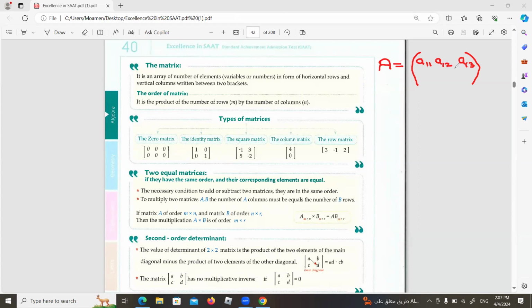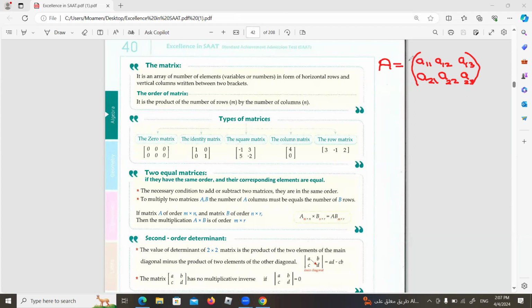Then the first row and the second column, the first row and the third column. If we go into the second row, we write A21, and then A22, and then A23.